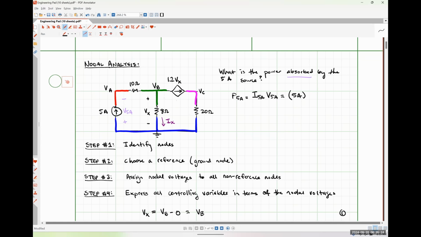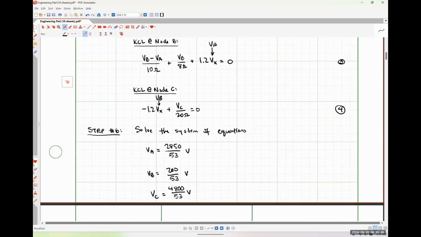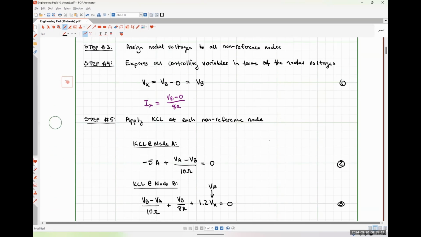What's our voltage going to be? So the positive polarity terminal is at ground. So I'm going to do 0 minus, and then the negative polarity terminal is at VA. So just 0 minus whatever VA happened to be from the results of solving our system, which, scrolling back down here, was 2850 over 53.